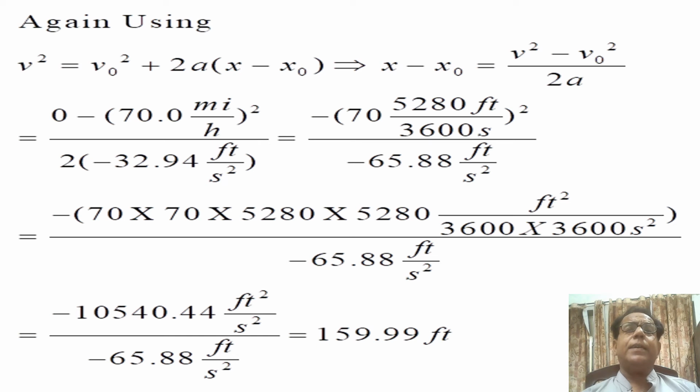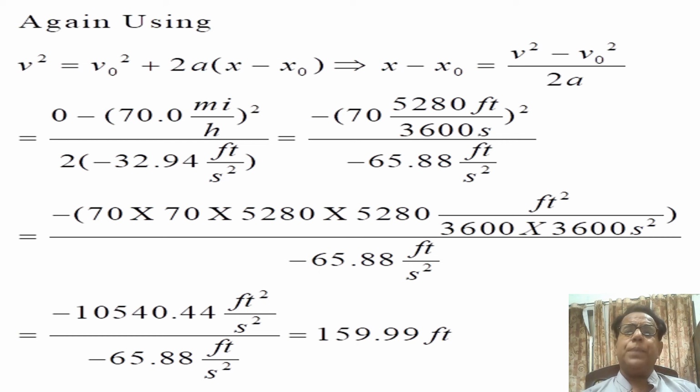It will be squared because we have a square in the formula, divided by 2 times the value of acceleration which we calculated in the previous slide. This becomes alternatively equal to minus 70 times 5280 feet over 3600 seconds, whole squared. We have simply converted miles into feet and hours into seconds, divided by minus 65.88 feet per second squared.